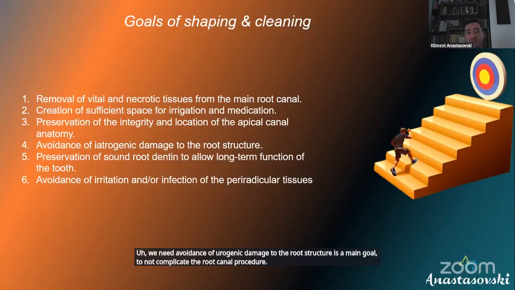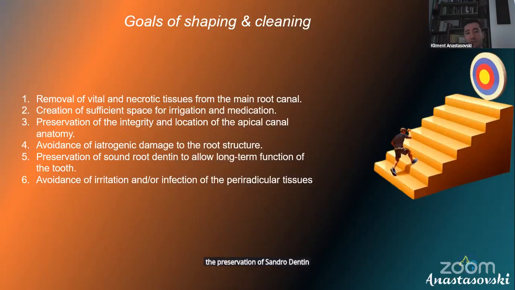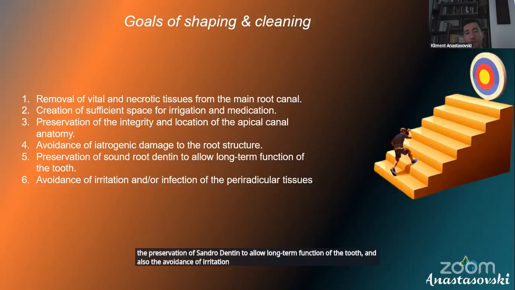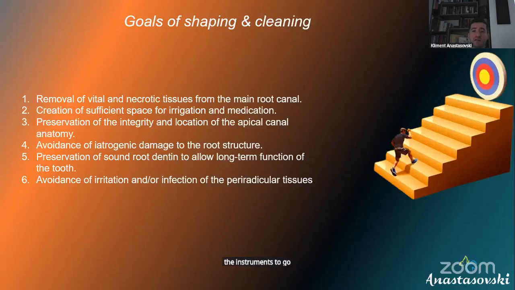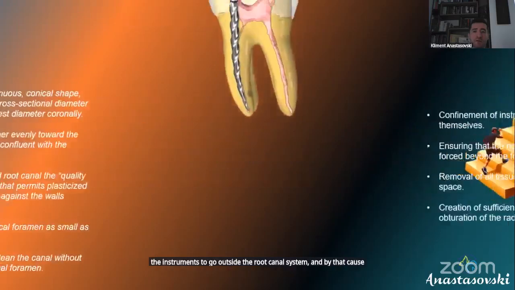The preservation of sound root dentin to allow long-term function of the tooth, and also the avoidance of irritation or infection of the periradicular tissue, meaning that you need to keep the shaping procedure inside the root canal and not allow the instruments to go outside the root canal system, and by that cause a massive flare-up to our patients.